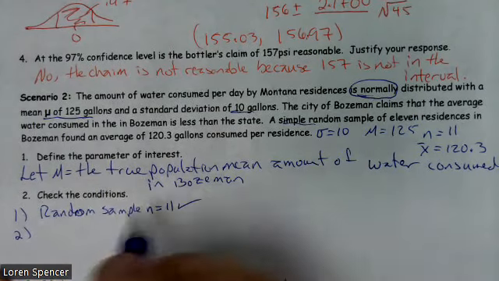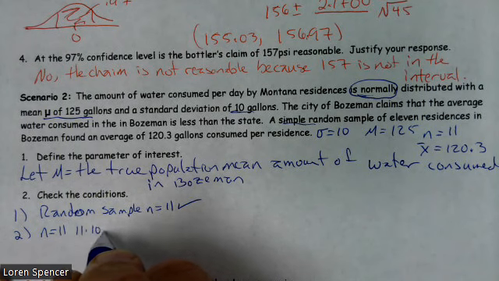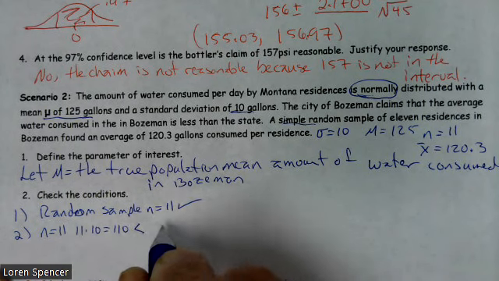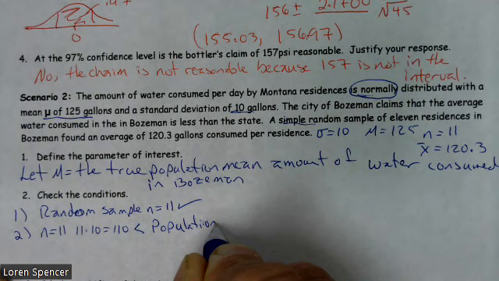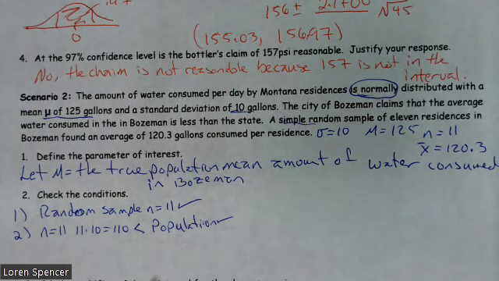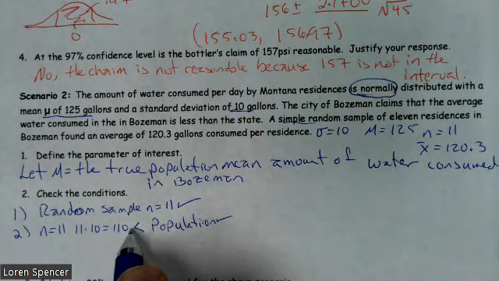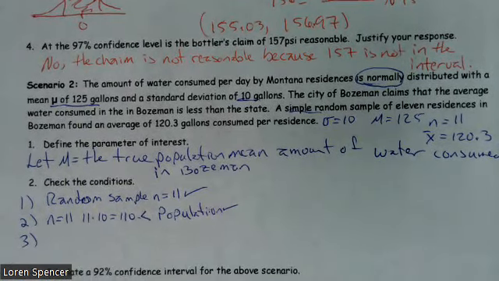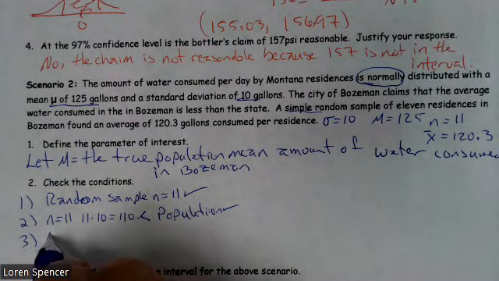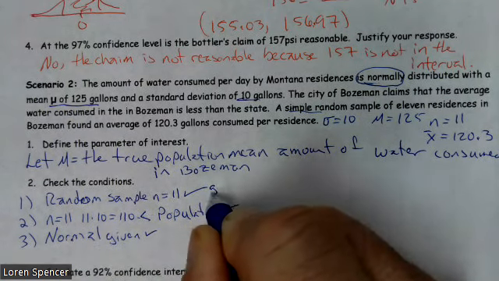Well, my sample size was 11, so n equals 11. 11 times 10 is 110, and that's less than the population. Now, we don't know the population size, but we're going to assume that it's much greater than 110. The 110 is less than 10%. 3, normality condition. In this case, normal given. And by the way, I should have written given on this one too.